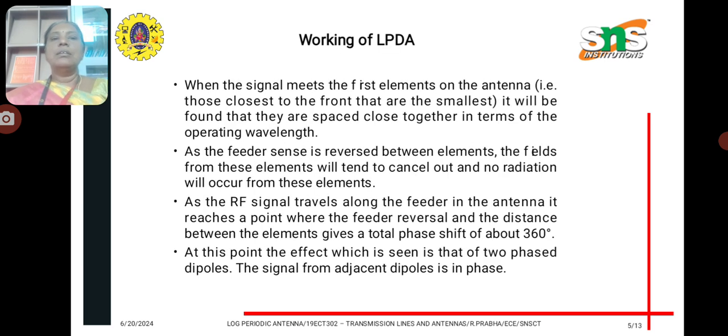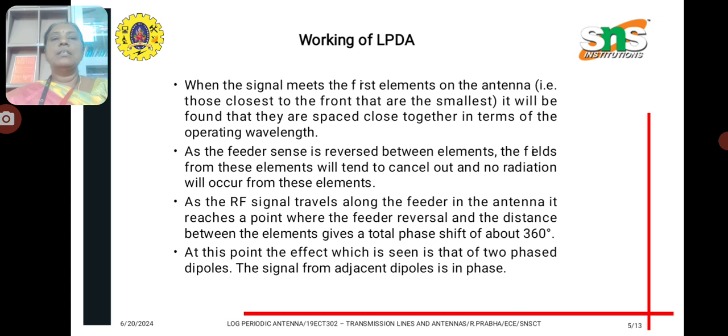So when the signal meets the first elements on the antenna, that is those closest to the front that are the smallest, it will be found that they are spaced close together in terms of the operating wavelength.